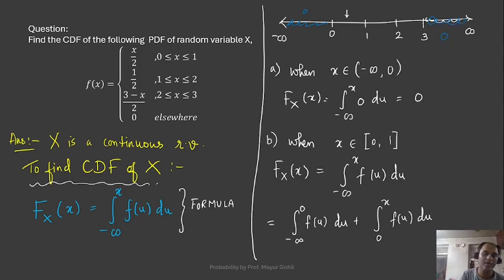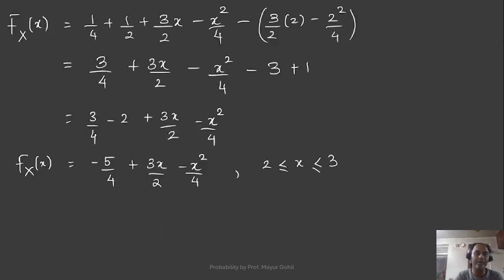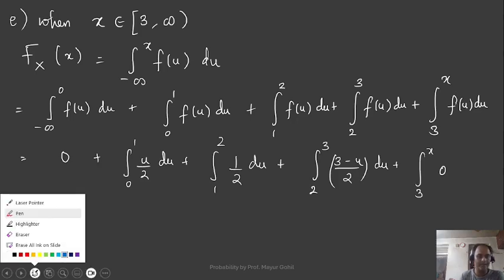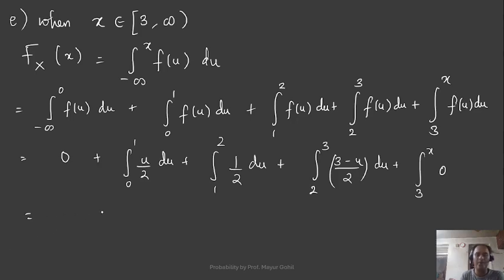So what happens when we calculate the CDF over all the intervals and add them up? Our answer changes to 1. If you calculate all these integrations, it's going to give you 1. So let us verify it manually.